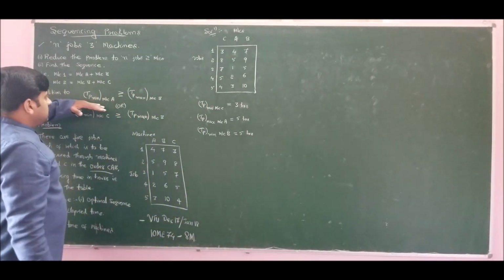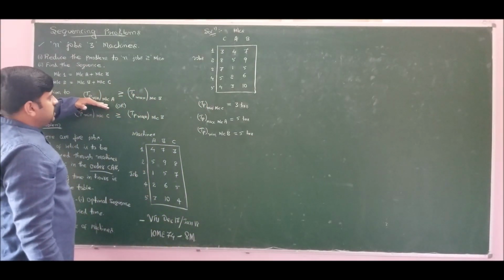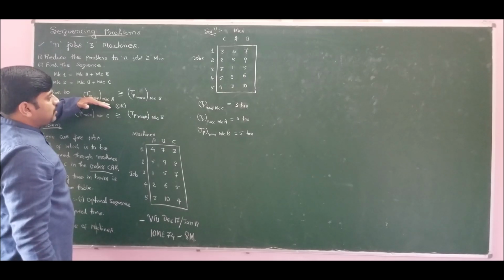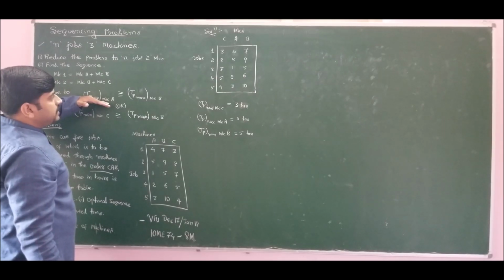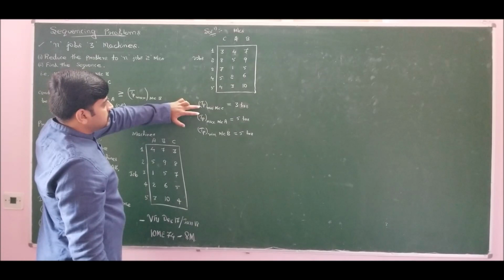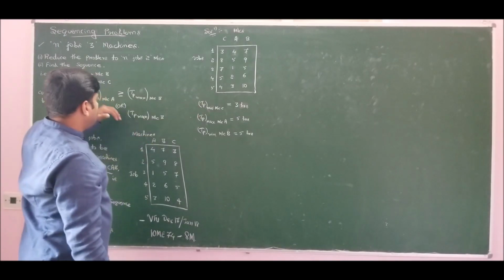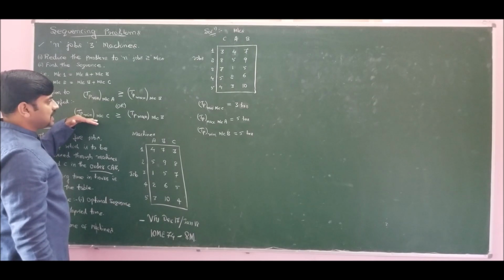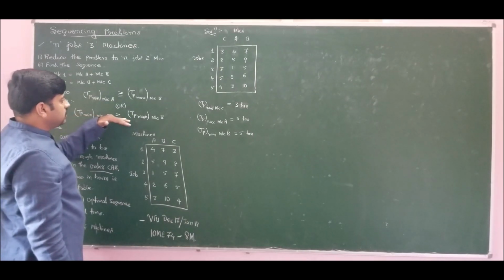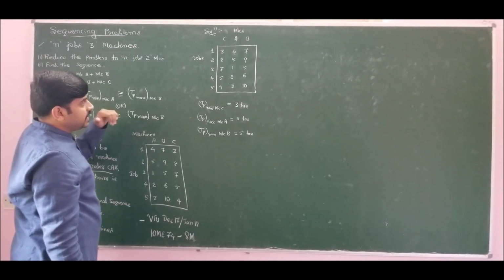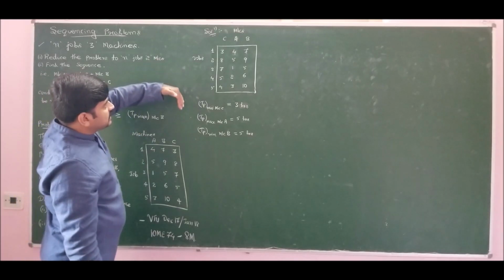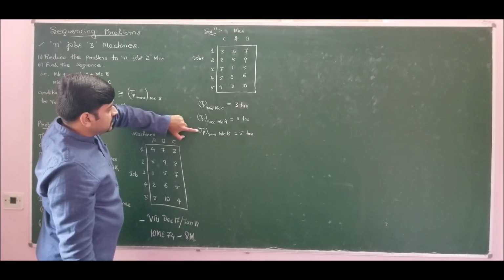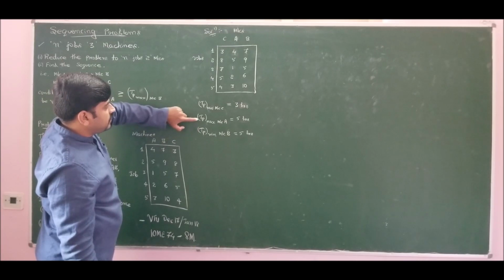Coming to the first condition, the minimum processing time of the first machine should be greater than or equal to the maximum processing time of the intermediate machine. This condition fails because 3 is less than 5. Or I should satisfy the second condition, that the minimum processing time on the last machine should be greater than or equal to the maximum processing time of the intermediate machine. The minimum processing time of the last machine is 5 hours, whereas the maximum processing time of the intermediate machine is also 5 hours.